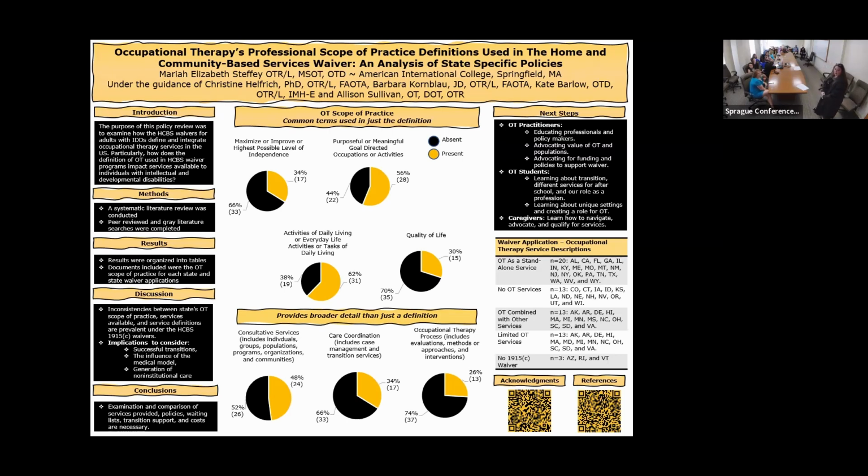I think this is an area that I didn't learn about in school. I did not learn about anything that had to do with transition services. So I think learning about it early, but then also connecting to other OTs who are already working with people with intellectual disabilities.